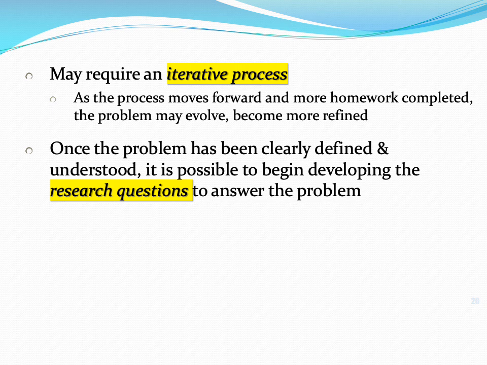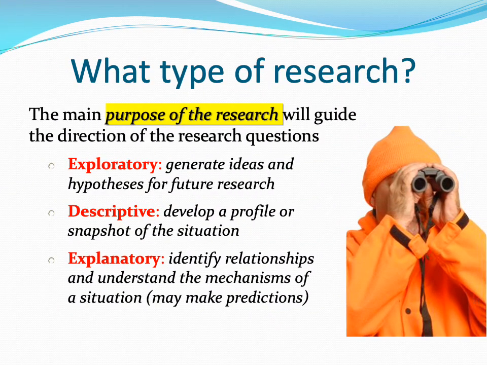So you have to go through these different stages. And just very quickly, three main types or purposes for conducting research. There's exploratory, when you don't really know or fully appreciate what your problem is, so you're just trying to look into it.